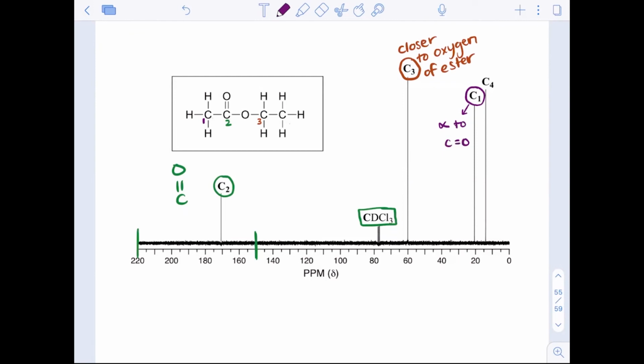And then our final carbon, C4 here, is beta to oxygen. So again, it doesn't get shifted downfield as much, and it is the furthest away from any sort of electronegative source. So this is how we can whittle through a carbon-13 spectrum.